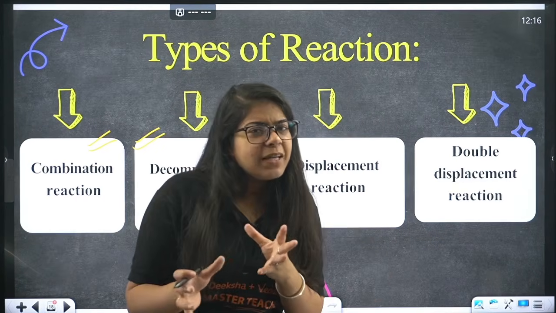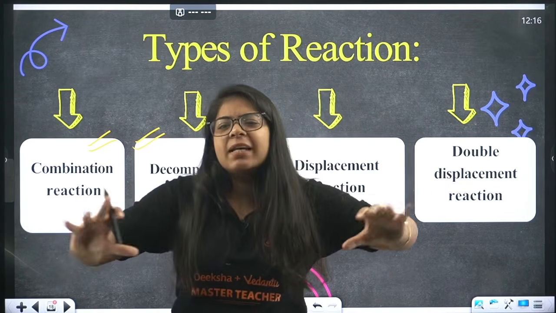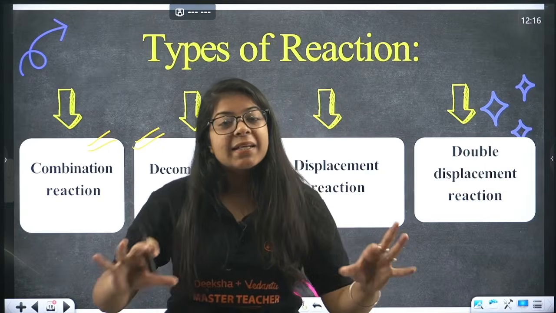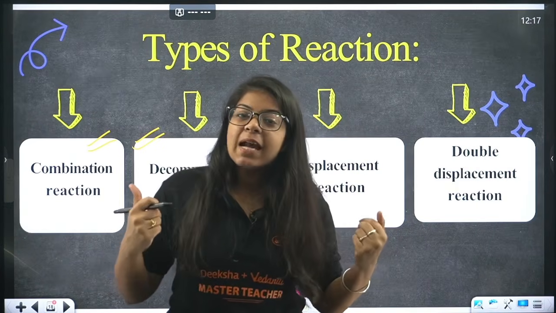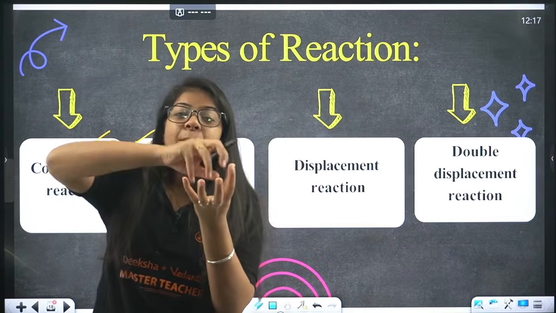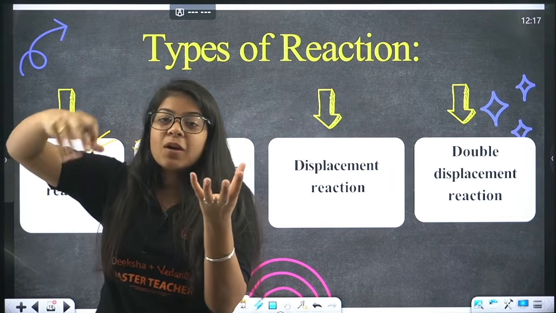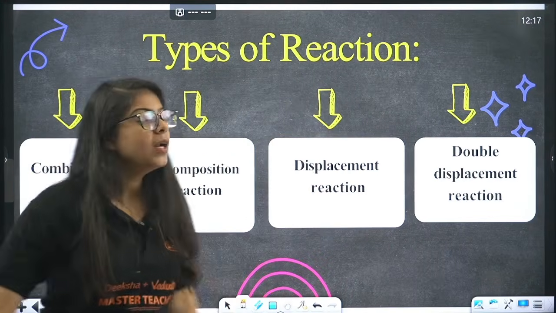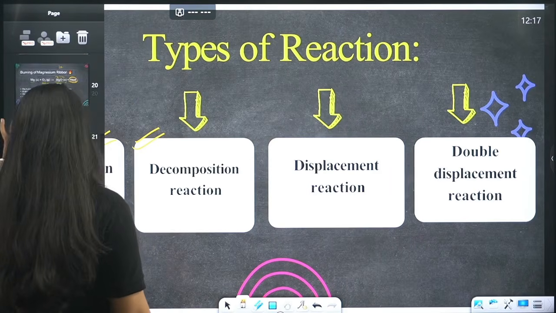So what do you mean by decomposing? Basically breaking down. So here it also means that we have a single reactant that breaks down into a number of products. That is called your decomposition reaction.